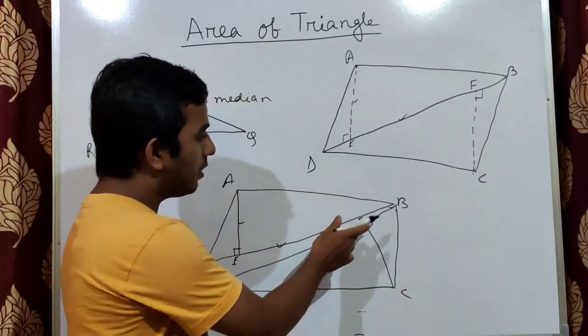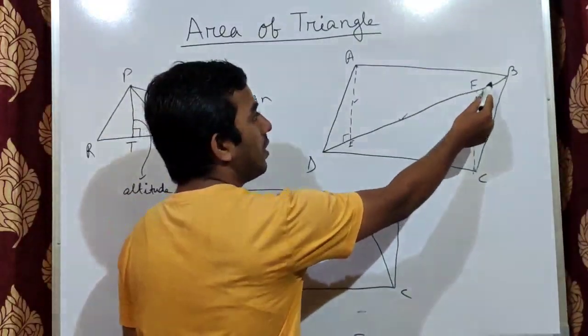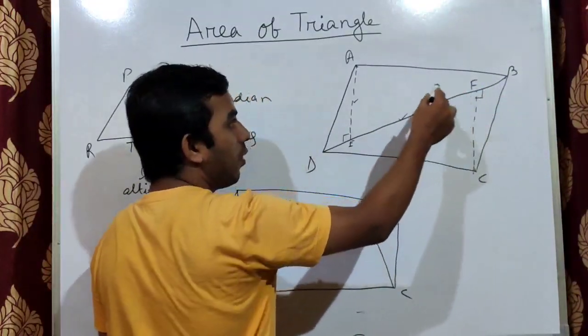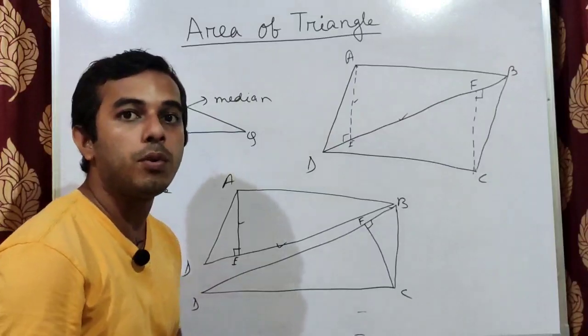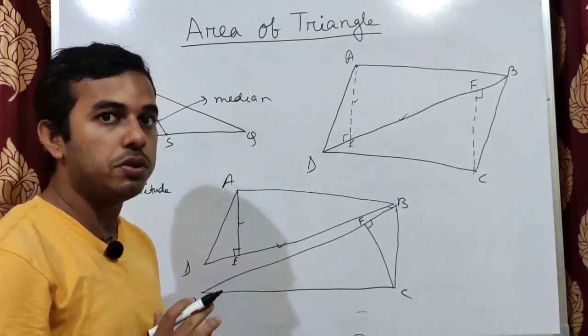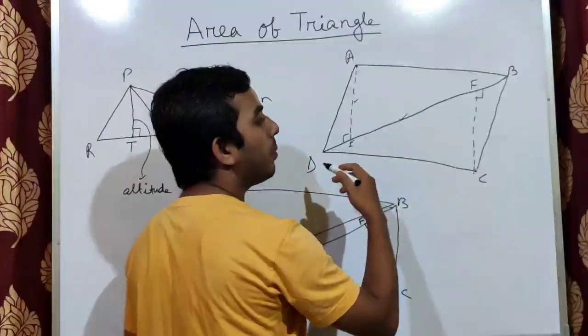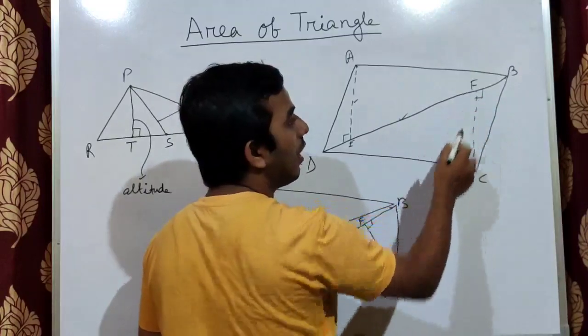Now for the triangle BCD, the base is the one on which we have drawn the altitude. This is our base, so the base will be DB, and the altitude is CF.